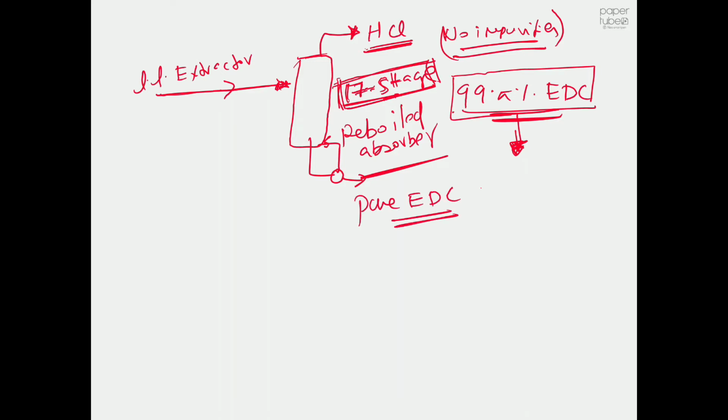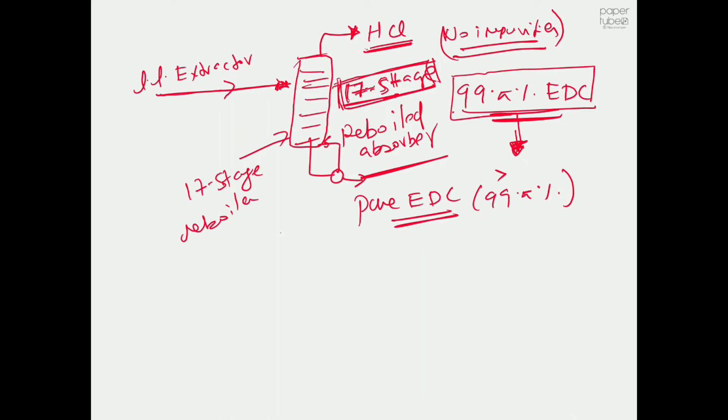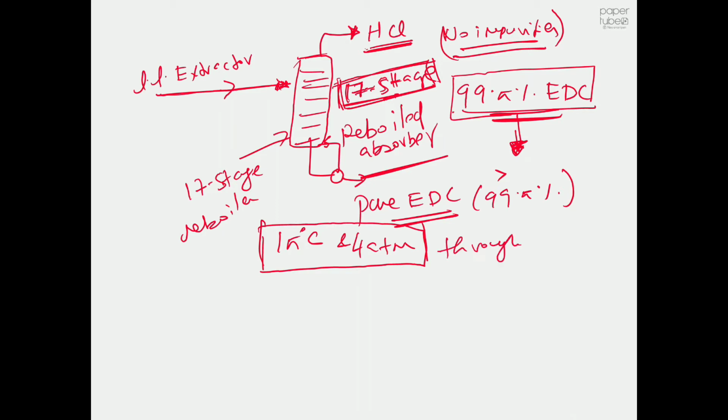If you check the purity, it will be near 99.5% or maybe more than that. So this is a 17 stage reboiled absorber, and then we are going to maintain the same temperature of 15 degrees centigrade and 4 atmospheres throughout the absorber.